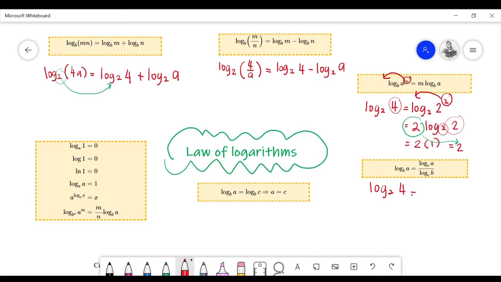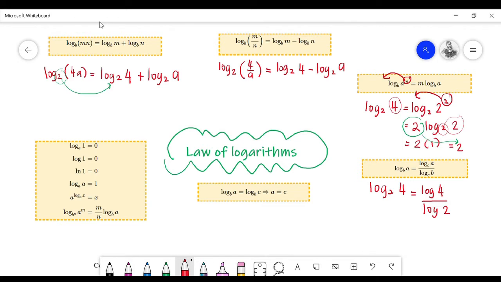When you want to convert it to log base 10, we can omit the number 10, and we write down log 4 over log 2, because log base 10 is the common log. So when it is the common log, no need to write down the number 10. Then you can solve this one.